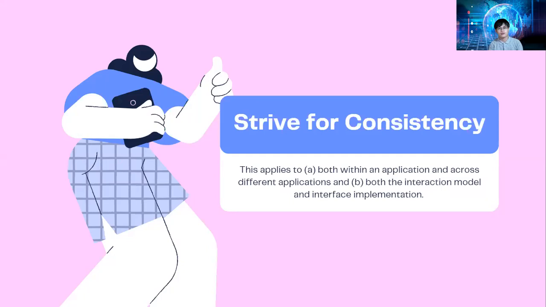If you have defined your interaction model like this, then the interface implementation should be the same as your interaction model. So don't worry, because as for the consistency, we will be able to discuss it further later and how we are going to apply it to our system. So it must be consistent, no? The interaction model and the interface implementation.